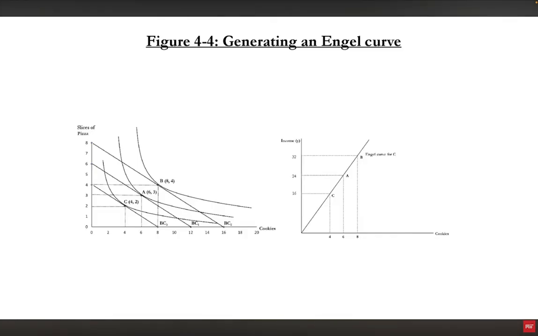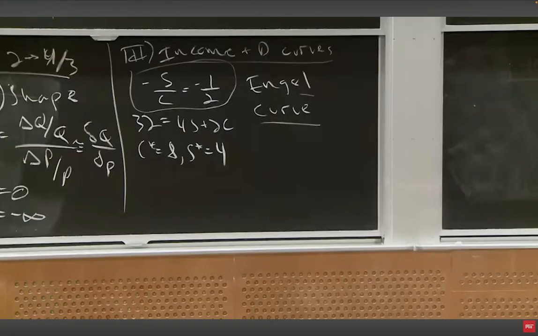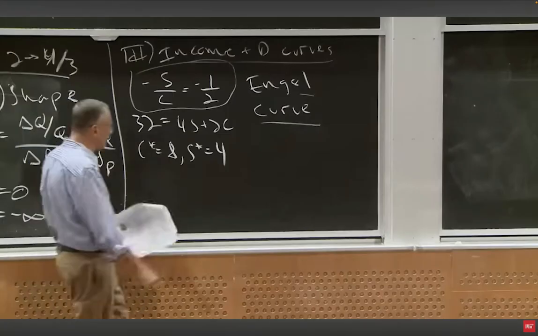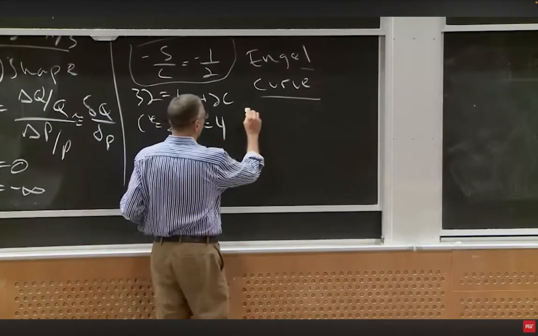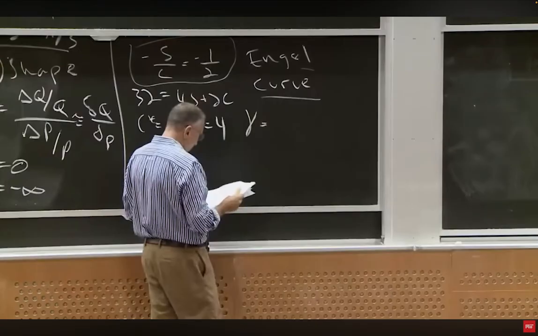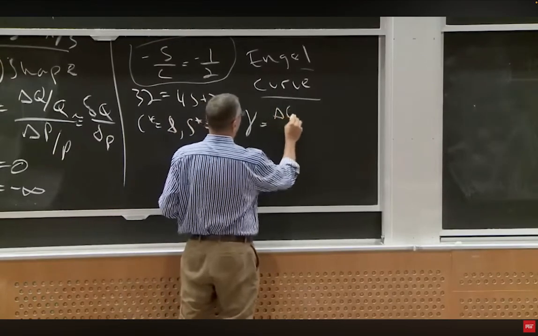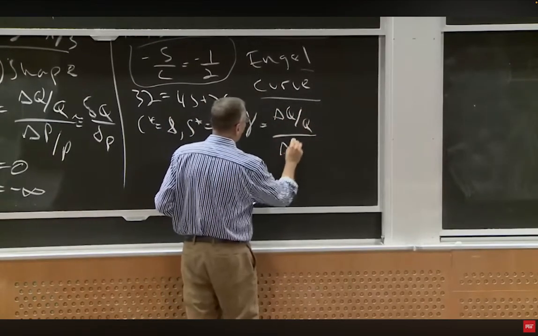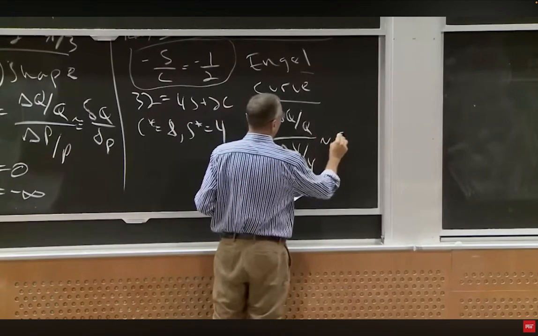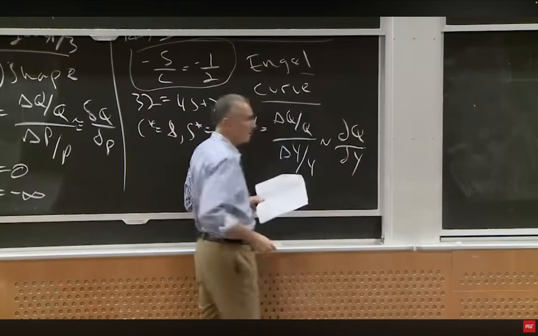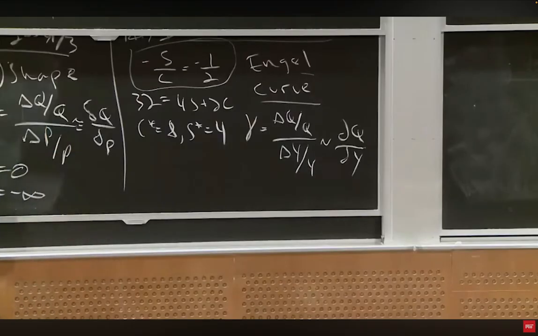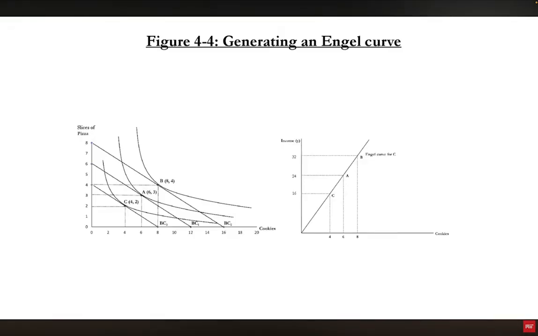You can draw an Engel curve for S and an Engel curve for C. Here we're drawing the Engel curve for C. The slope of the Engel curve is what we call the income elasticity of demand, or gamma, which is delta Q over Q divided by delta Y over Y, or approximately dQ/dY. So instead of how demand changes with price, which is the demand curve, this is how demand changes with income, what we call the Engel curve.